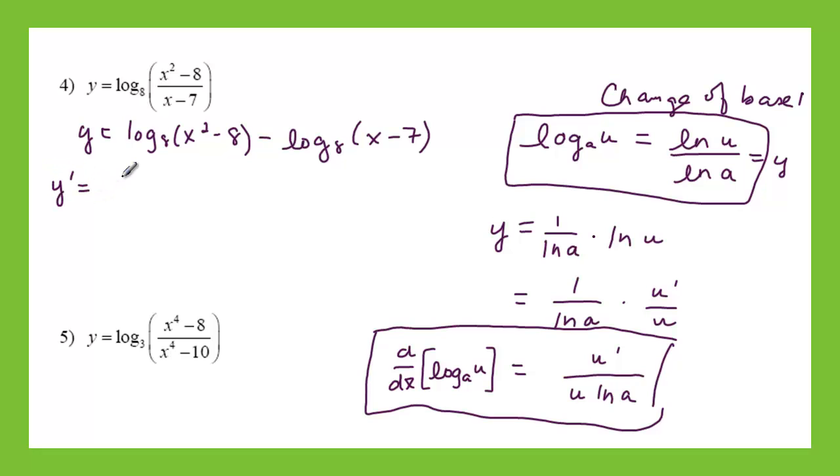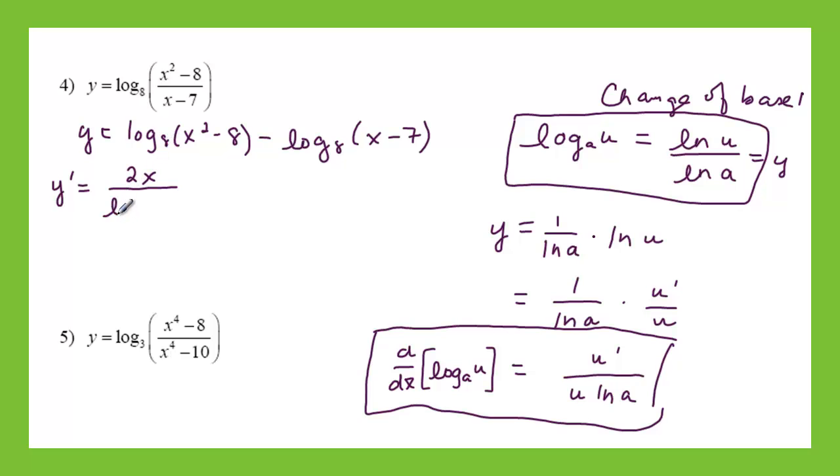So y prime, for our first derivative, we're looking at just this first piece. We come here to our pattern and say, okay, we need u prime. So that's going to give us 2x. And then we're going to divide that by u times the natural log of a. Natural log of a is just natural log of 8, and u is x squared minus 8.